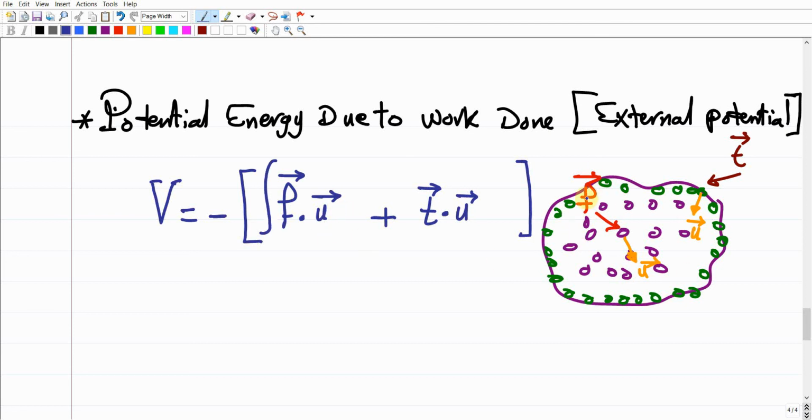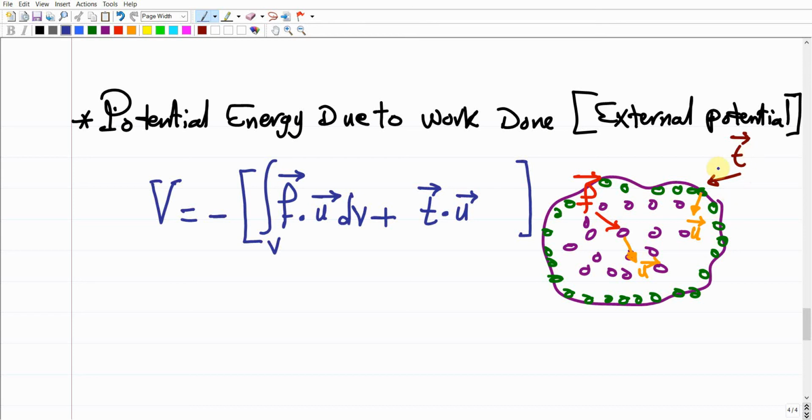This is just one force acting over a single particle, so we have to integrate over all the particles, or all the potential due to these body forces over the continuum. So this integration should be over the volume of the continuum. Why? Because the body force is an internal force acting internally inside the continuum, so we have to collect all of them over the volume of the continuum.